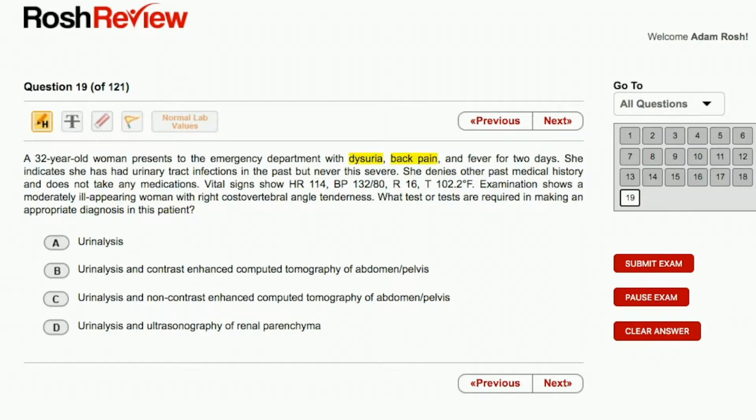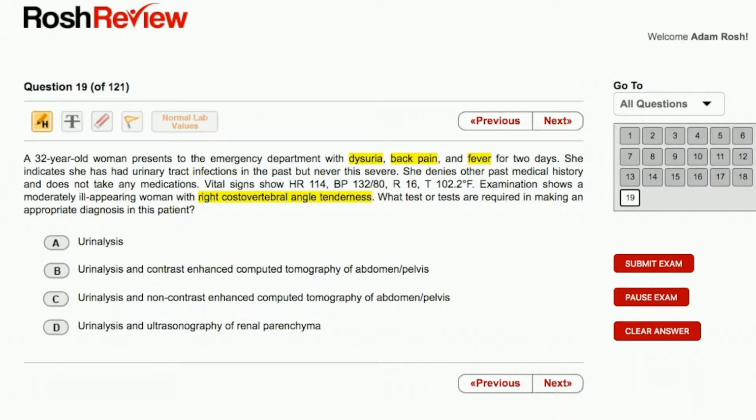But the key findings here, the reveal, is that this patient has fever, which is a sign of systemic infection, and right costovertebral angle tenderness.